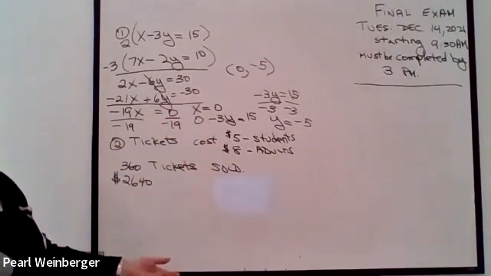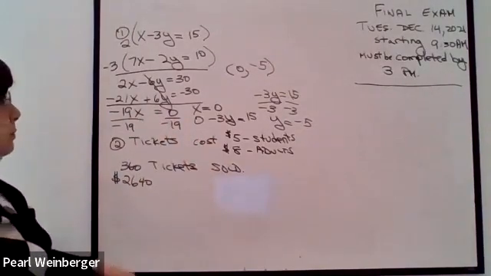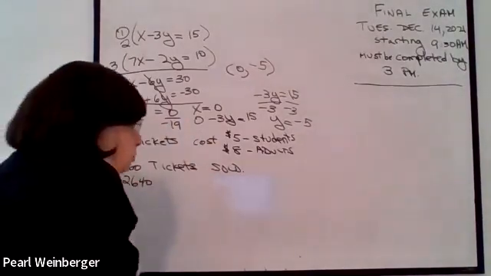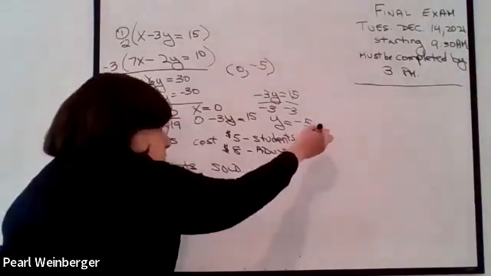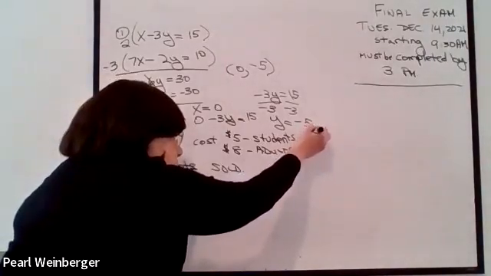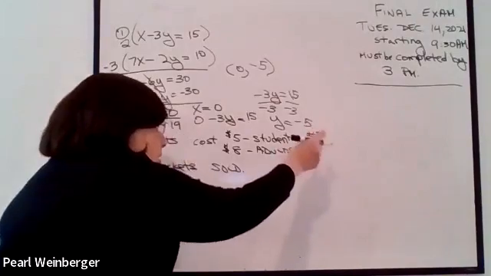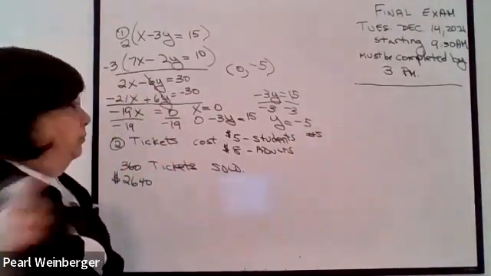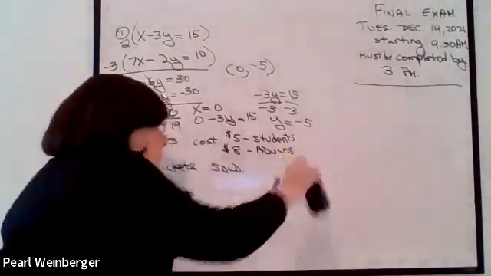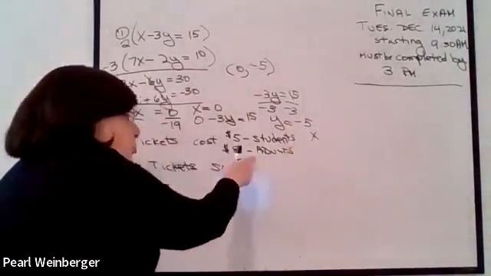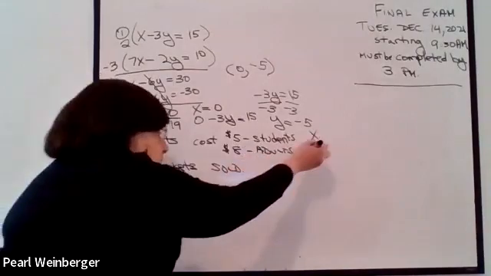In this case, the two types of items are two types of tickets. There are student tickets. So let's call the number of student tickets our x, and let's call the number of adult tickets y.